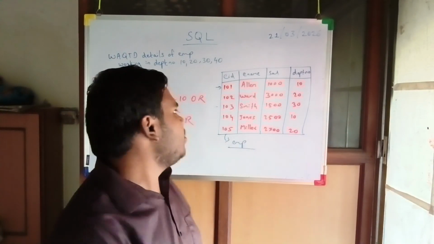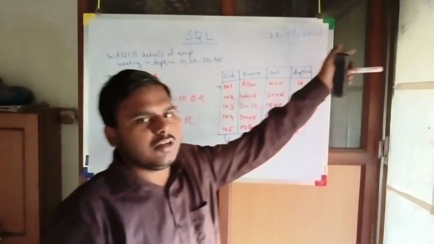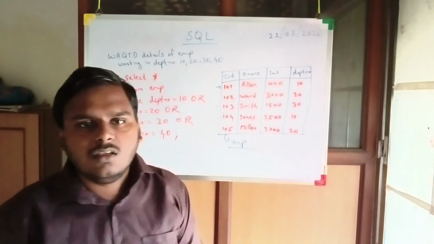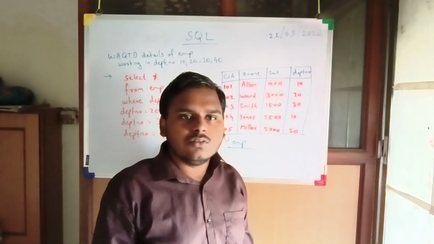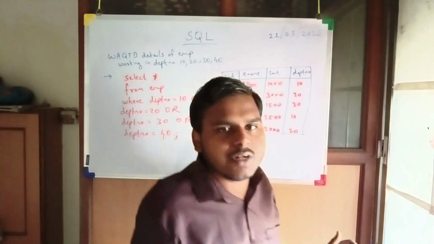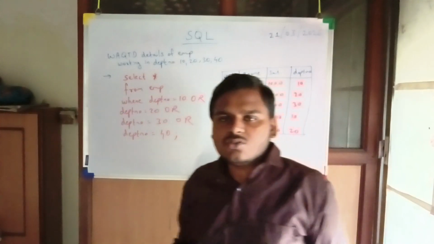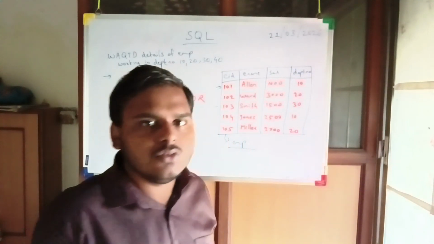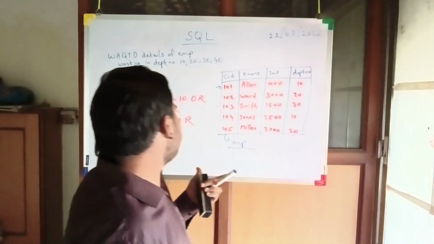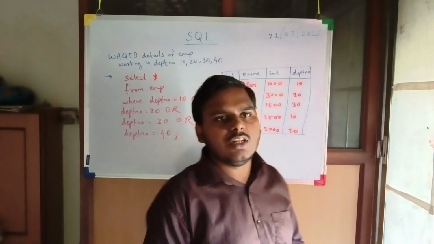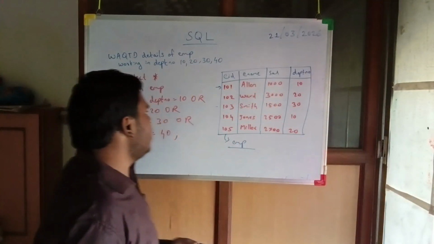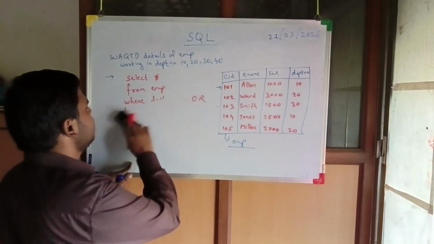Suppose there are multiple departments, if I give departments 50, 90, 100, 110, 120, 160, 180, 190, will you write continuously? You will give up. I don't want to write again and again. To solve this issue, what do we need to do? We need to do optimization, which means we need to reduce the query length. For this, we need to learn about special operators.